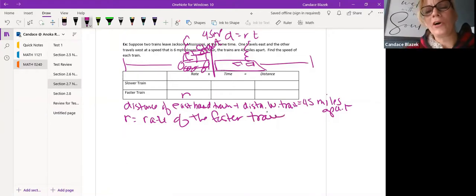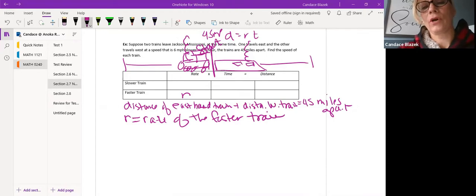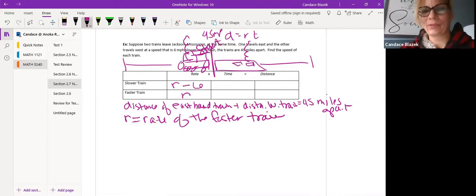Now, if r equals the rate of the faster train, and the slower train goes 6 miles per hour slower, how do I represent the rate of the slower train? It's going to start with an r, it's going to end in a 6. Are we going to add the 6 or subtract the 6? It's a slower train, so we're going to subtract the 6.